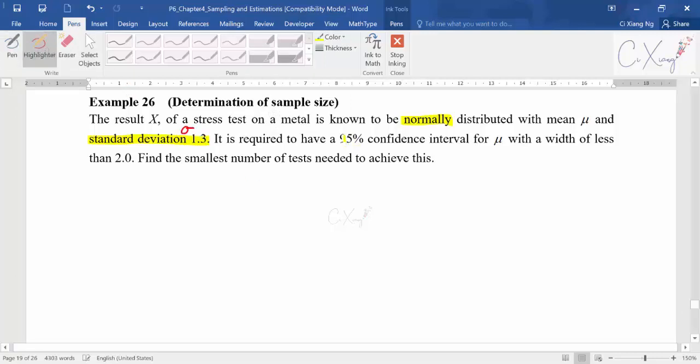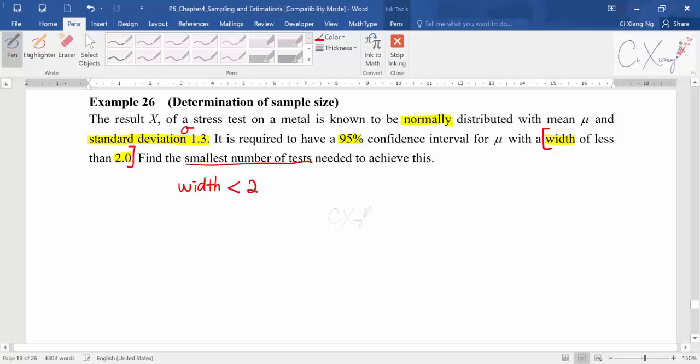Now they said I want to have a 95% confidence interval with a width of less than 2.0. This is an important phrase here. They told you that the width is less than 2. Then they want you to find the smallest number of tests needed to achieve this. So the smallest number of tests means the sample size.